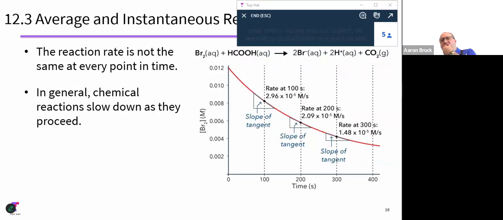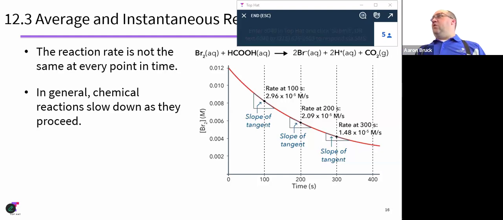And so one of the things that will get discussed here is, okay, we can probably understand that an instantaneous rate is a better way of expressing the rate of reaction than the average, because an average is going to focus on too broad of a window of time, and it's not going to give us a whole lot of good information.